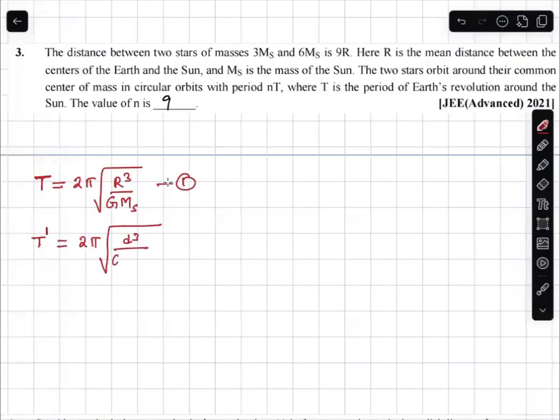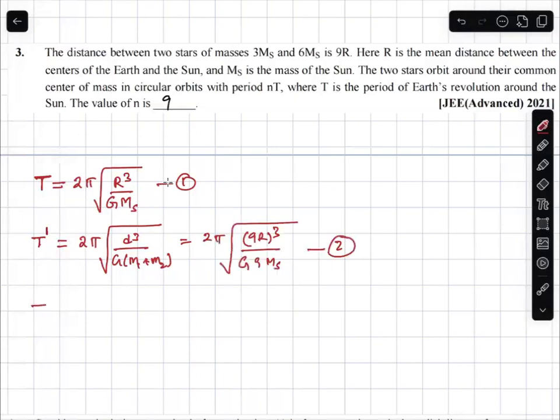Hold on. All that stuff is recorded here. So therefore, 2 pi times d cube. D cube here refers to 9r cube. Correct. By g times 9m. This is equation 2.